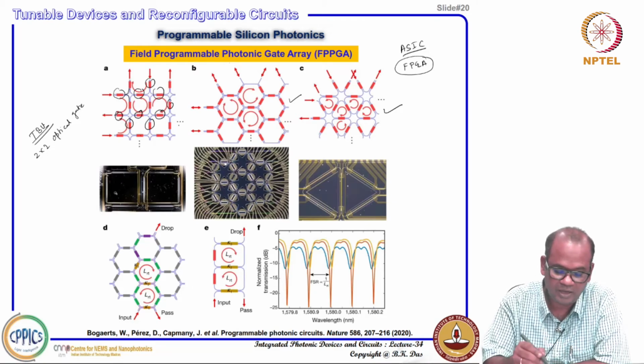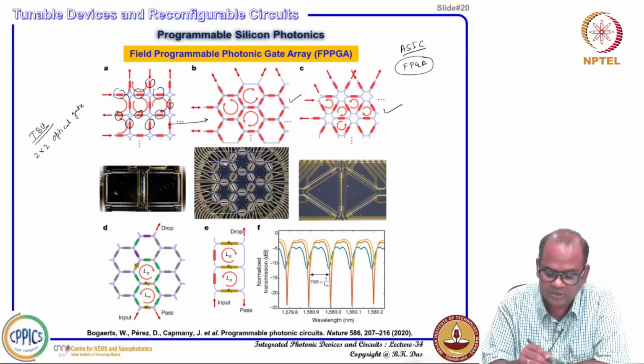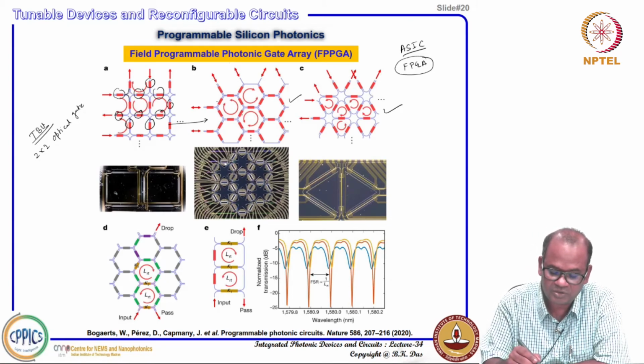They are actually arranged in a square mesh, and these TBUs can also be arranged in a hexagonal mesh. Like you see, 6 MZIs are required to complete a hexagon. You know, the hexagon is a very compact design, but for making one round ring type of resonator architecture, you have to pass through 6 different TBUs.